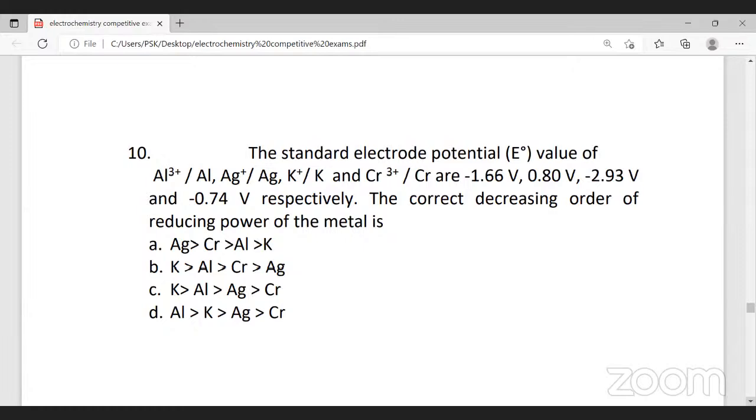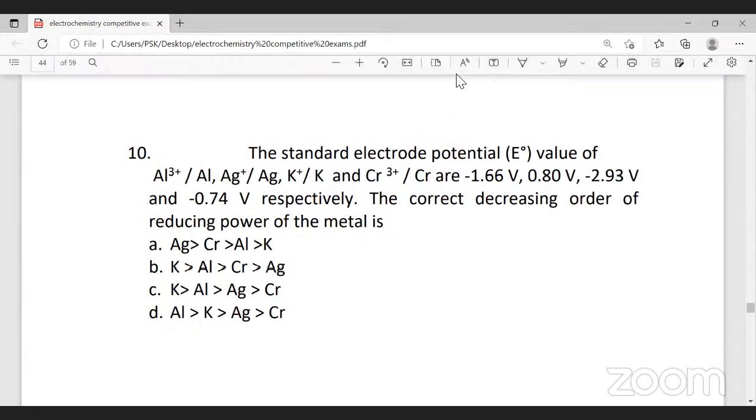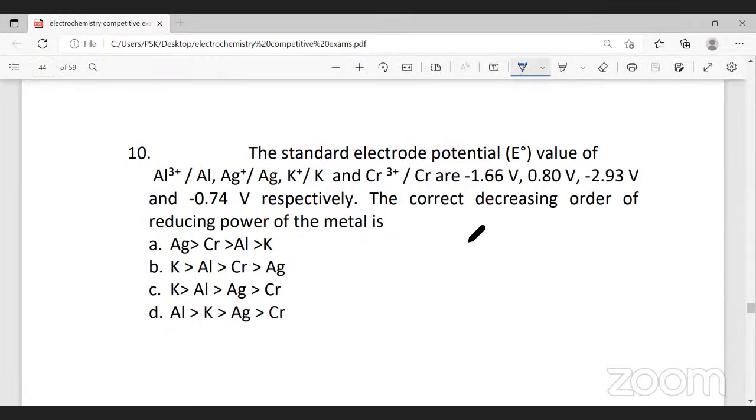Let's see. Now, I defined what is electrochemical series. This electrochemical series is also called the activity series. What is this electrochemical series?